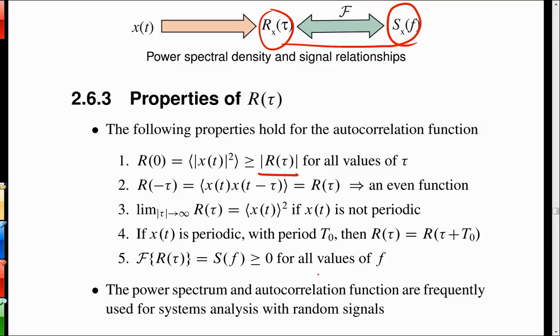And another thing is that if I take the limit as tau goes to infinity, I'm going to get the squared value of the mean as I lag. And lag is just another term for saying what tau is. It's sometimes called the lag value. 0 lag is perfectly aligned.